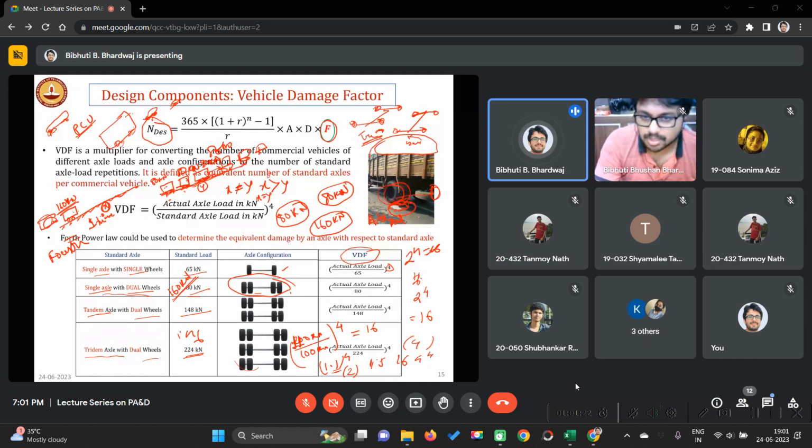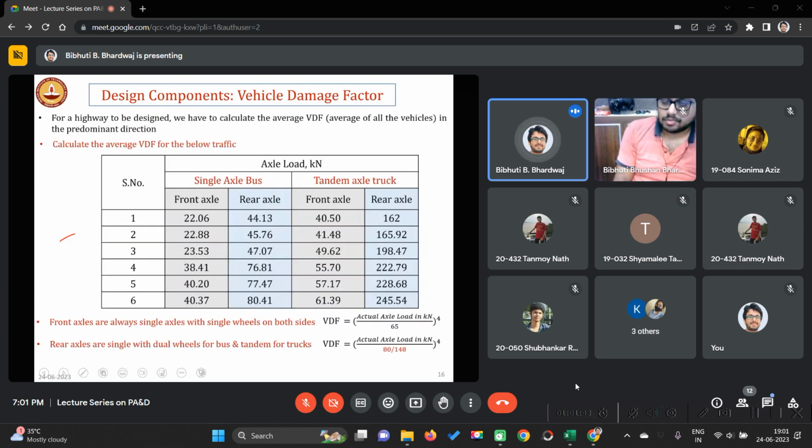That's why the term standard is there. So we need to convert all the vehicles to standard axles. That means if a vehicle is carrying 150 and it is tandem with dual wheels, then 150 by 148 to the power 4, whatever value you get, that will be our damage factor.